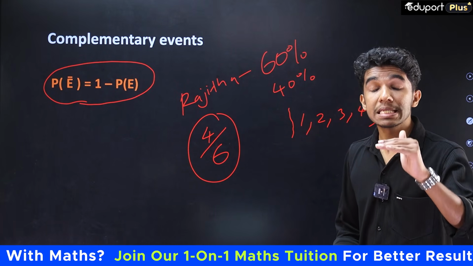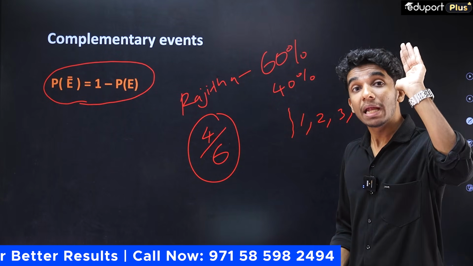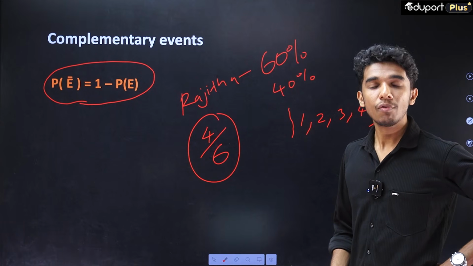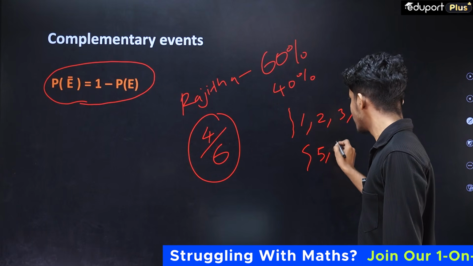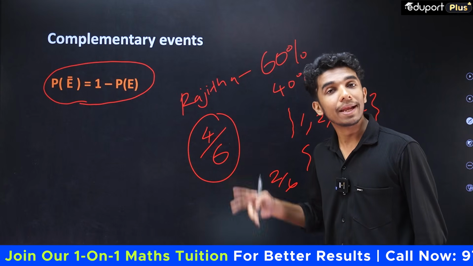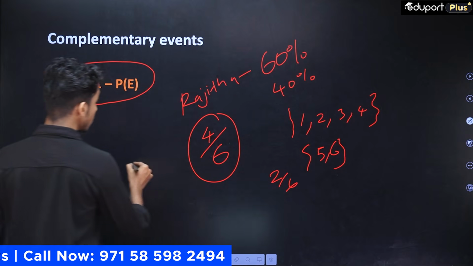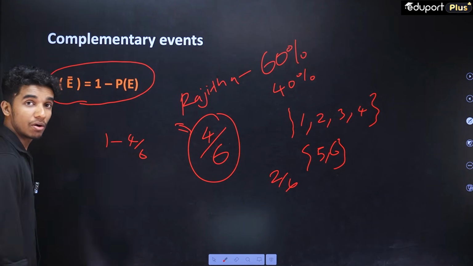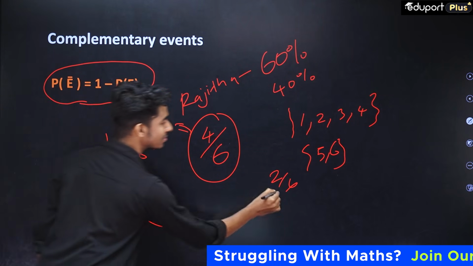Then in a section B question, if you are asked to find the probability of not getting a number less than or equal to 4, normally you will take the outcomes 5, 6, so the answer will be 2 by 6. You don't need to do that. You only need to do 1 minus 4 by 6, which is 2 by 6. Same answer.